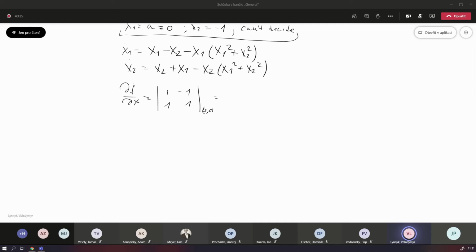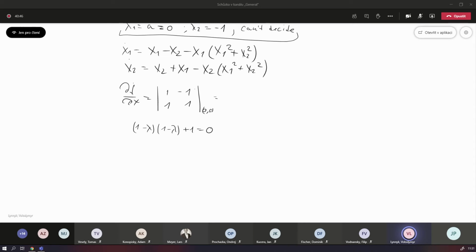And let's calculate the eigenvalues. 1 minus lambda, 1 minus lambda, plus 1 equal to 0.